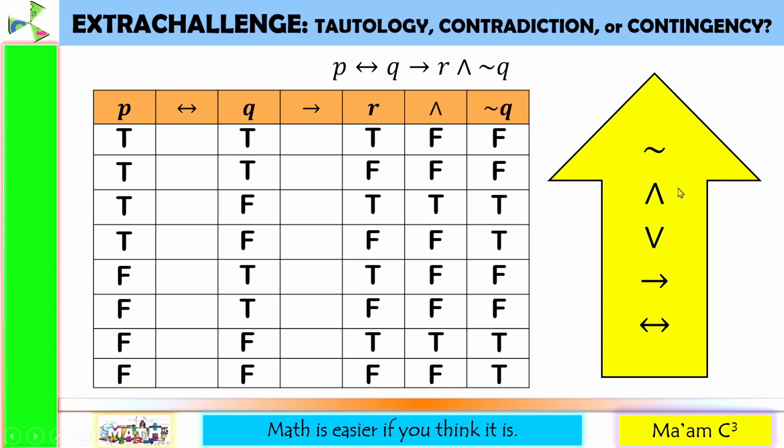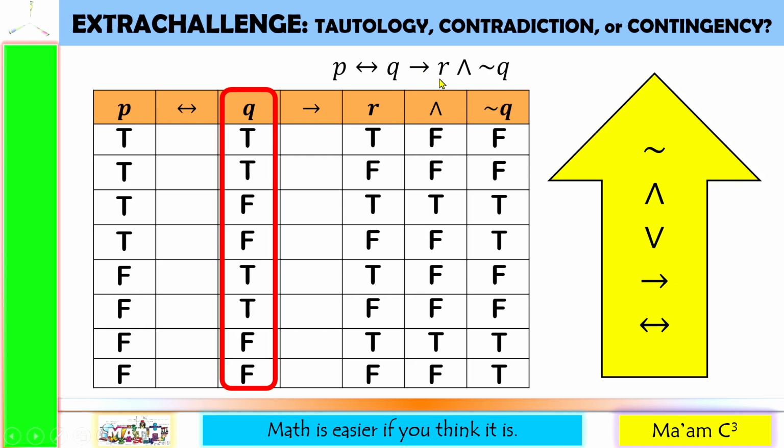After conjunction, we have disjunction, but we do not have disjunction here. Comes next is the implication. So we're going to perform now the implication. Q implies R and not Q. So we're going to focus our eyes on Q and our answer in this part. Again, our answer in this part is the last thing that we determined.